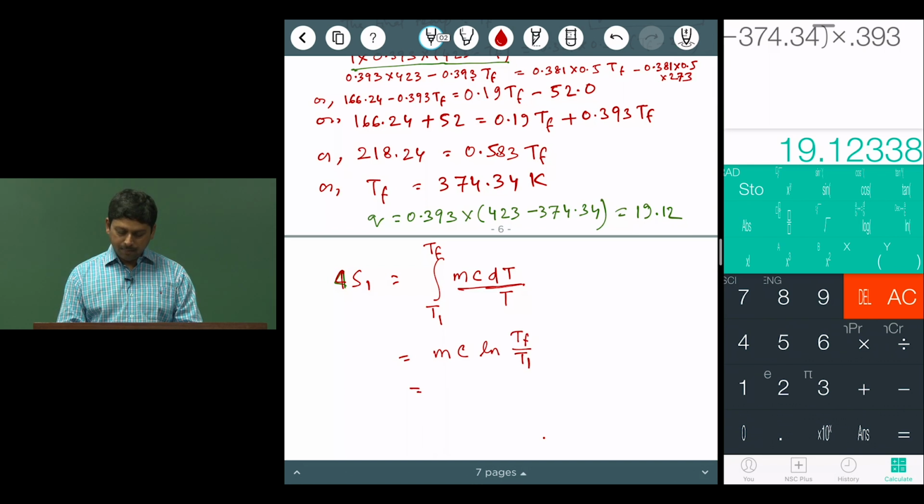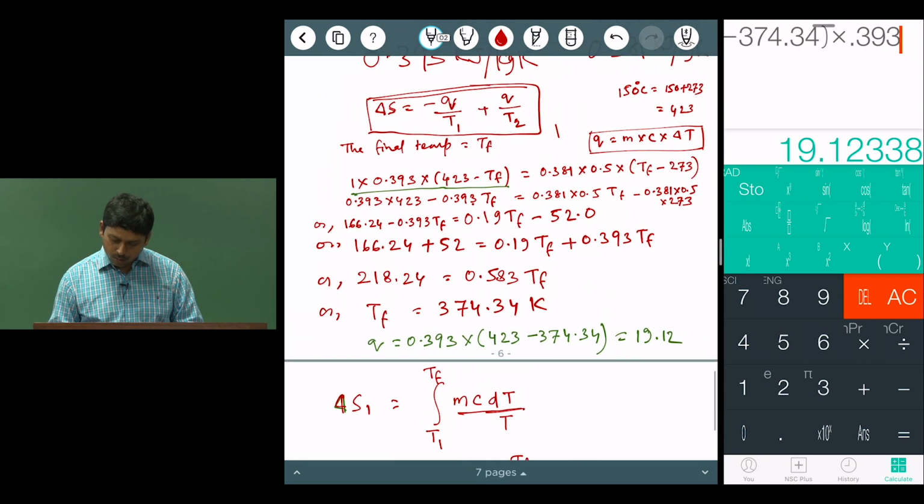We know the m which is 1 kg, and c we know as 0.393, and we have to calculate ln of Tf, which is 374.34 by T1, which is around 423.